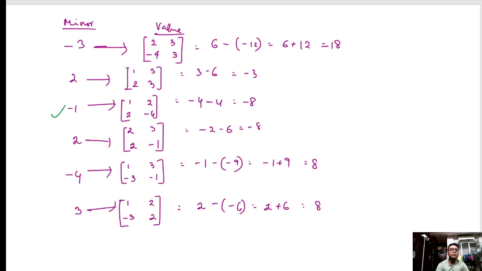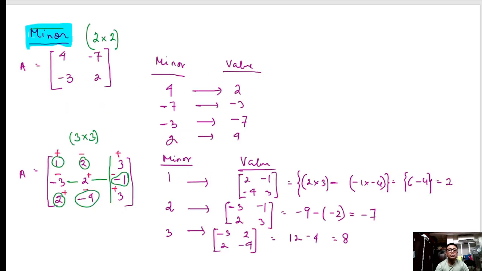So friends, my request again and again is that please pause your videos to see how the calculations are being done. Otherwise it will be confusing to you. So my suggestion is please pause them. Next is 2. So if I want to choose 2, I will not choose this row or this column.